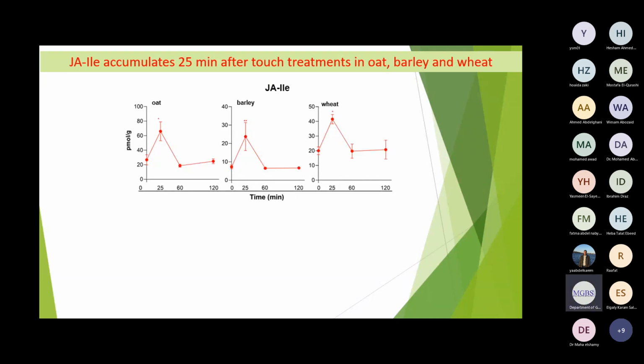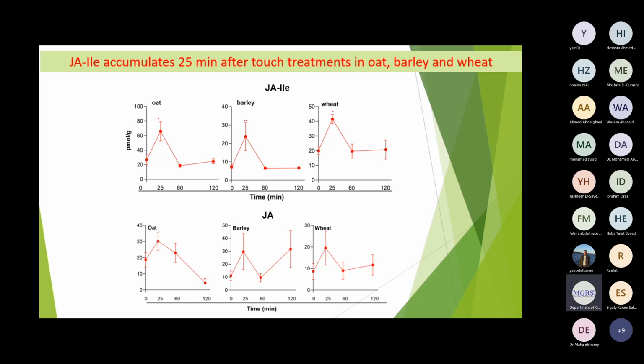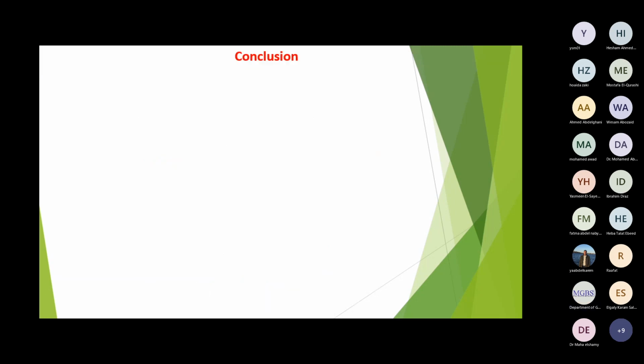Also, there is accumulation of jasmonic acid after 25 minutes. This form, jasmonic acid isoleucine, is the active form of jasmonic acid. For jasmonic acid itself we cannot see accumulation, but we found it in the active form, jasmonic acid isoleucine.